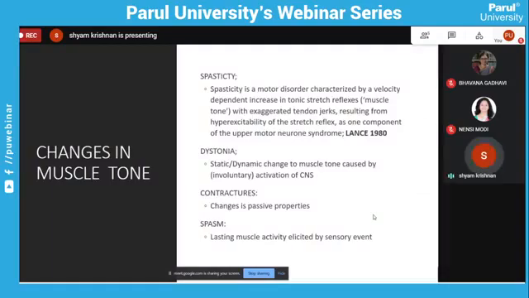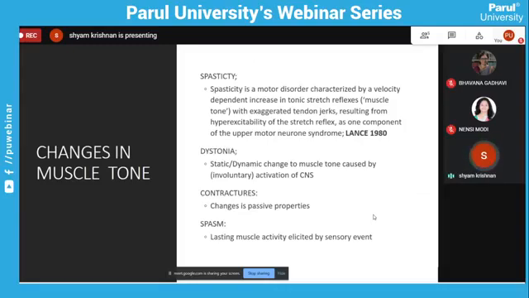Now, when we talk about an increase in muscle tone, all these terms are usually used interchangeably under a single term called spasticity. So when we talk about spasticity, knowingly or unknowingly, we tend to classify these four different phenomena under the same term, but neurophysiologically they are different entities.